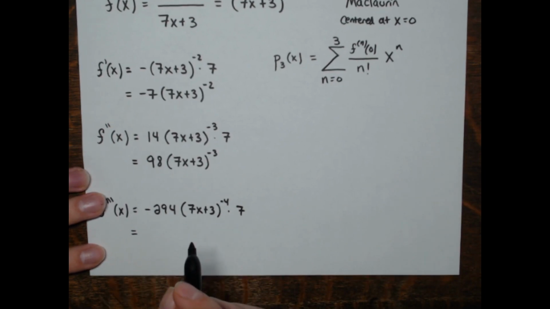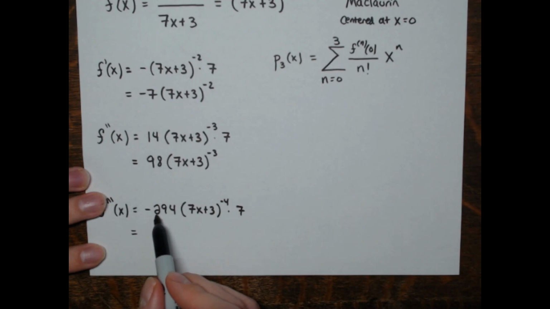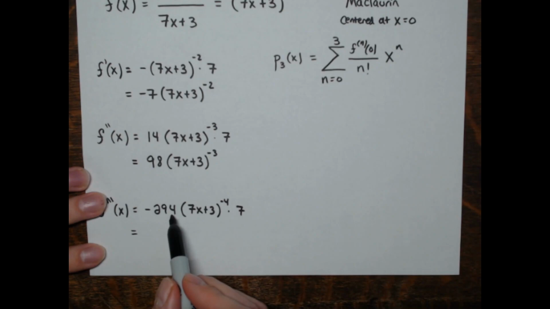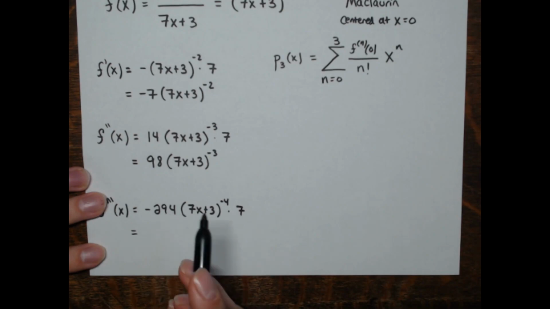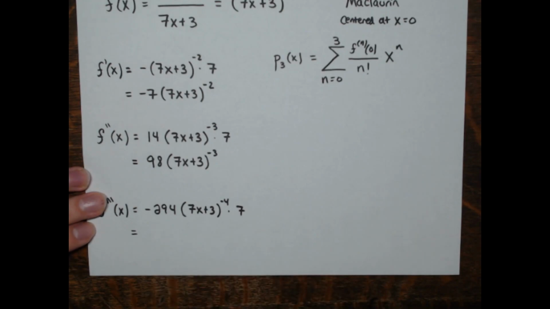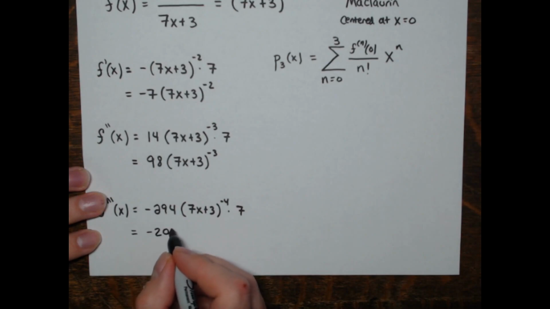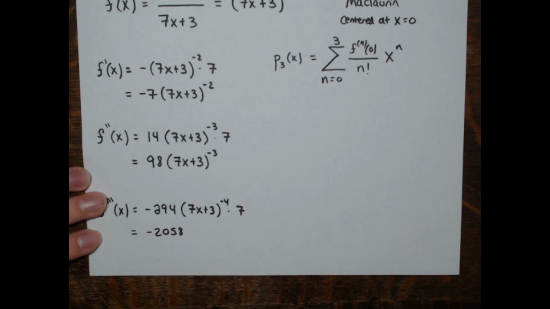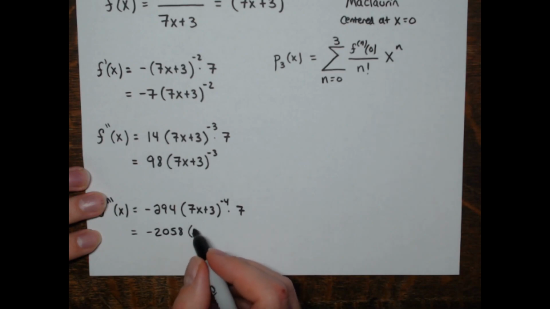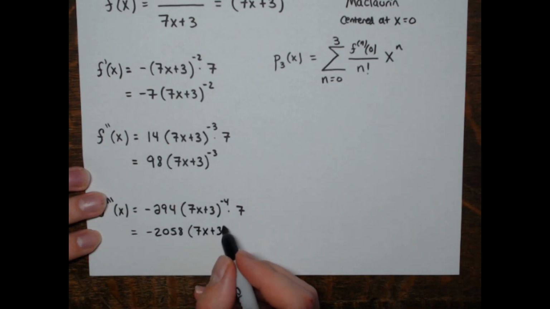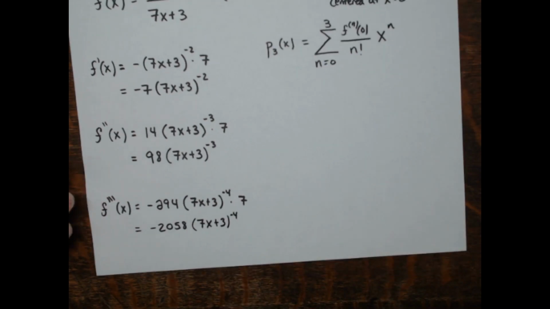So that's basically, 7 times 300 is 2100, minus 42, so 2058, negative 2058 times 7x plus 3 to the negative fourth power.